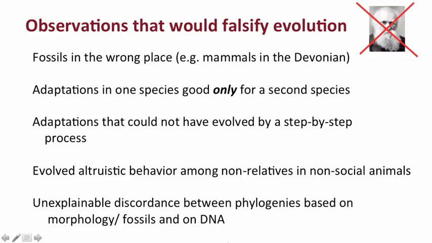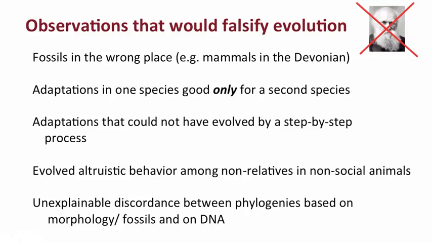Evolved altruistic behaviors among non-relatives in animals that don't exhibit social behavior, again, that would be a challenge for evolution by natural selection. And last but not least, any sort of discordance, any disagreement between relationships or phylogenies inferred using DNA versus inferred using morphology and fossils. Again, we don't really see those, but those are observations that could, in theory, falsify common ancestry or evolution by natural selection.